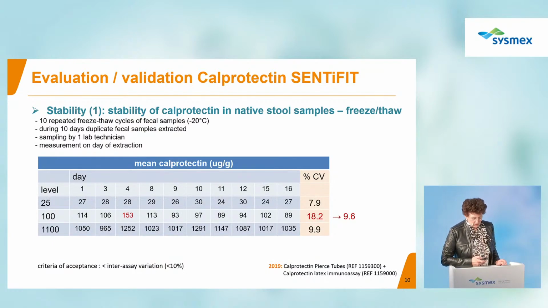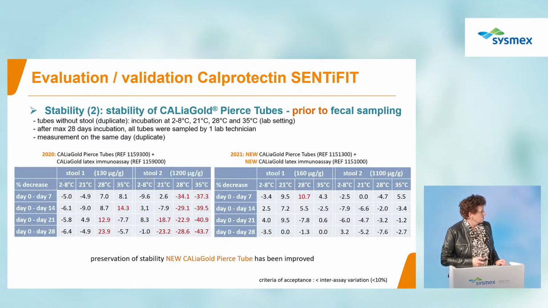We didn't repeat that with the new tubes or with the stool, so we continue with the stability of the tubes, keeping them before sampling at different temperatures. So you can leave the tubes in the fridge. Like the old session, we can keep these tubes in the fridge, which is recommended, but when you keep the tubes at room temperature, then you see what will happen with a low concentration and a high concentration.